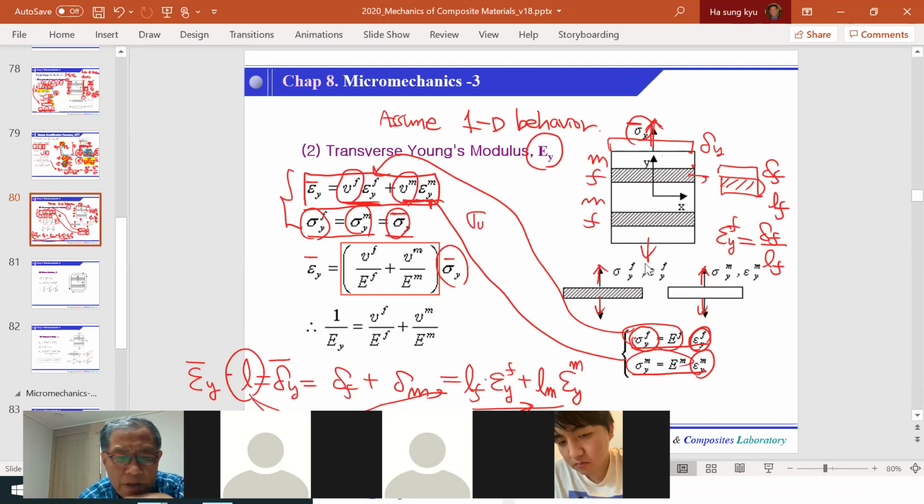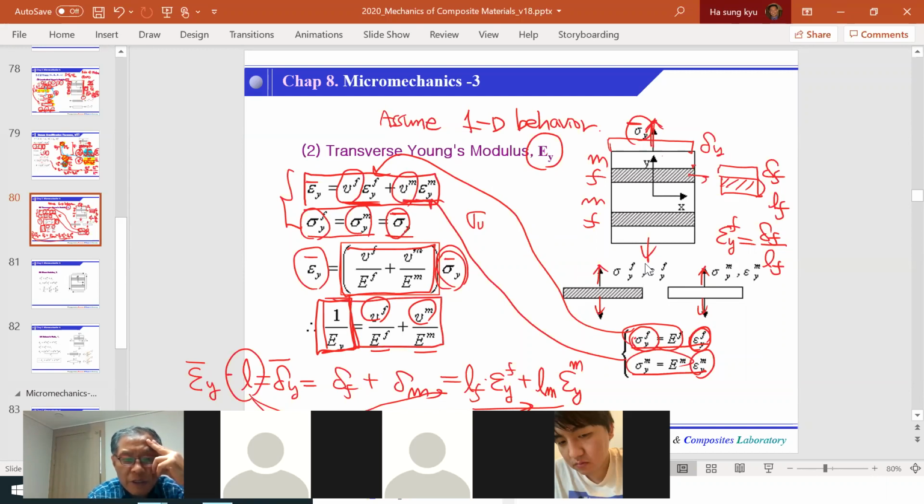So now by definition of the stiffness of the composite, this is what? This is 1 over EY. So 1 over EY is given as the fiber volume fraction divided by EF, plus the matrix volume fraction divided by EM. So this is the rule of mixtures to calculate the EY.